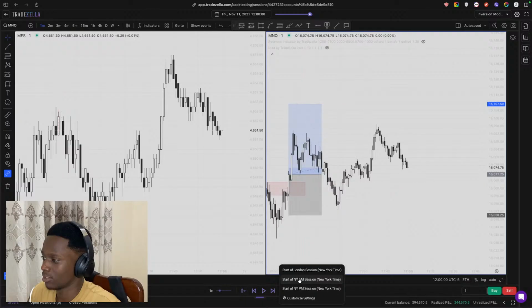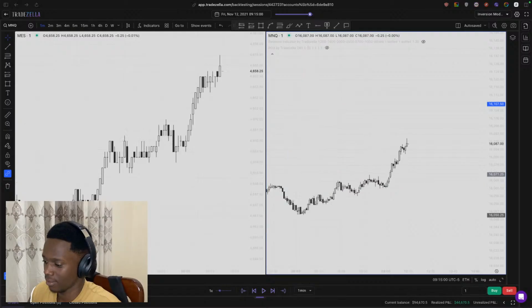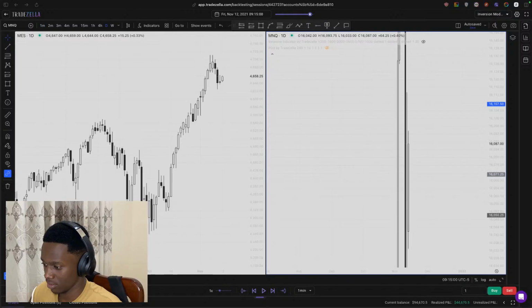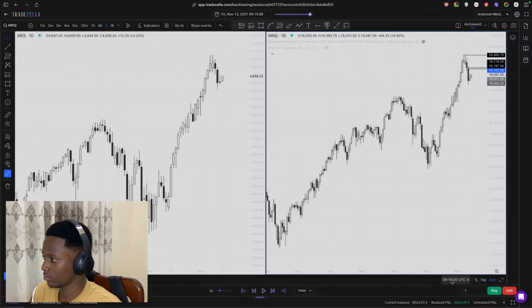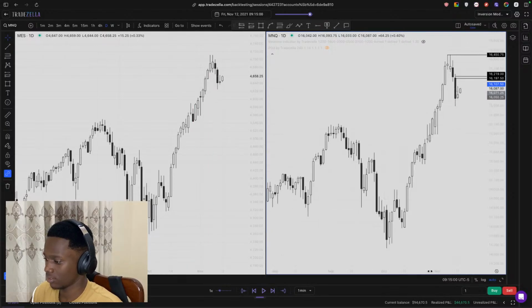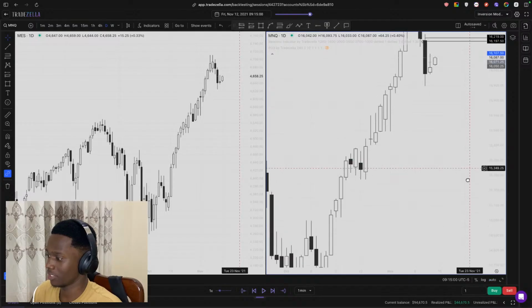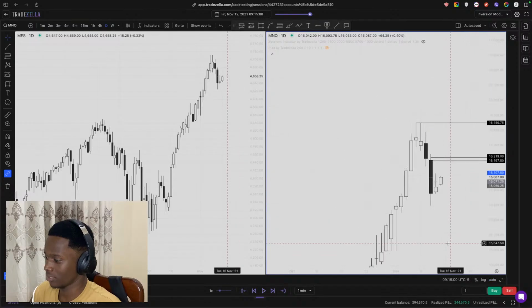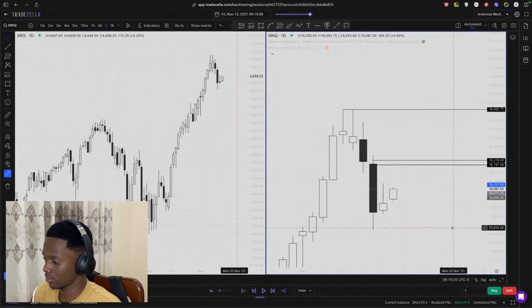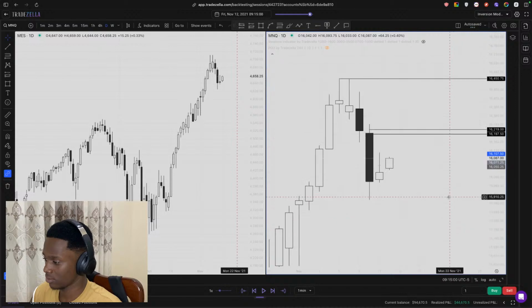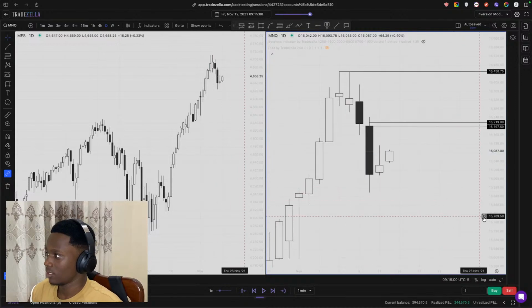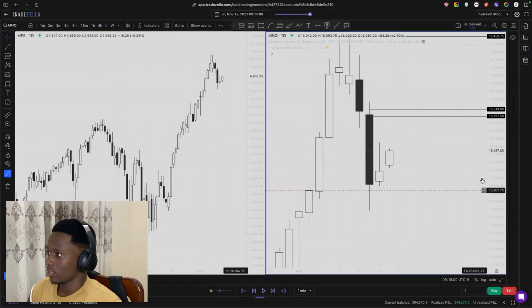Okay, let's head on to the next day. The daily. And looks like the drop is still continuing. And well, I honestly think it could go lower.